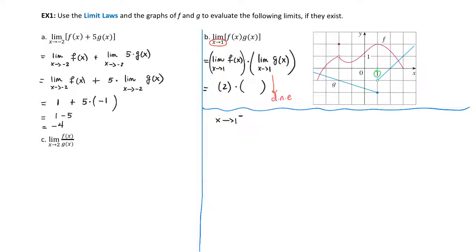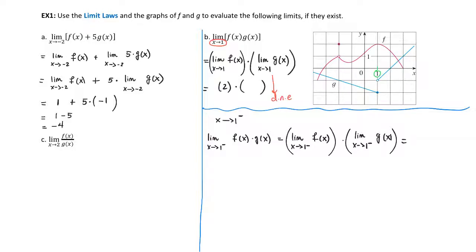So I will consider the limit as x approaches 1 from the left of f of x times g of x. And again, this will be equal to the limit as x approaches 1 from the left of f of x times the limit as x approaches 1 from the left of g of x. And I will try this again.